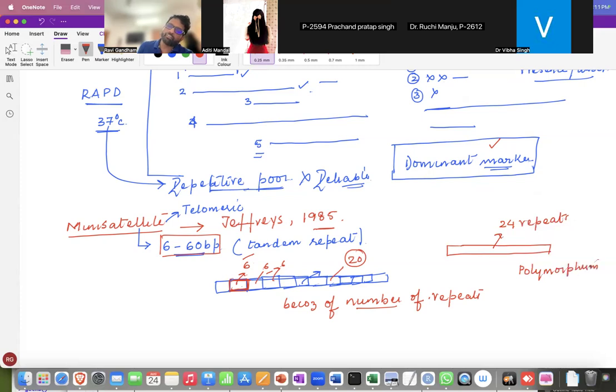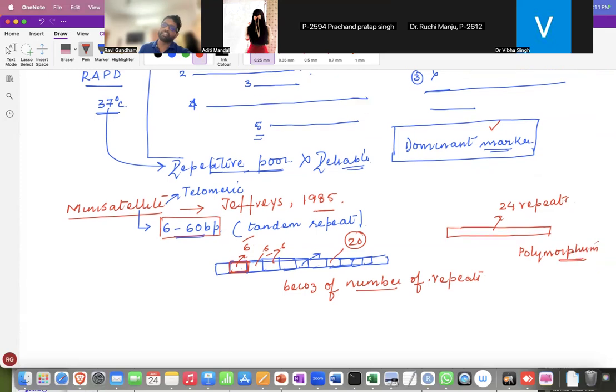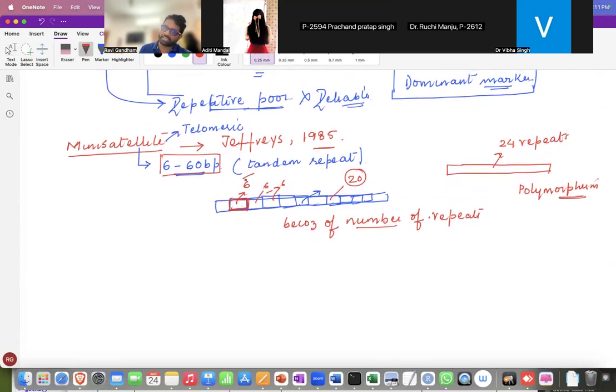And no two individuals in the population will have the same kind of repeats on the chromosomes, and this is popularly used for DNA fingerprinting. I'll just explain what this is, but just remember DNA fingerprinting.